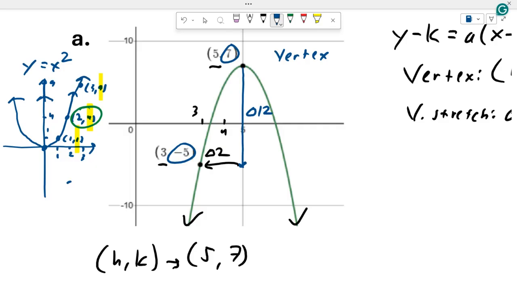When the vertical stretch is 1, you would expect the y value to change by 4 units when your x value changes by 2. In this parabola that has some vertical stretch to it, when the x value changed by 2 from the vertex, my y value changed by 12, not 4.